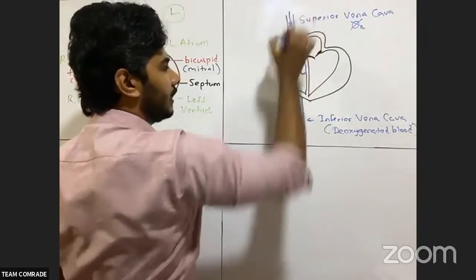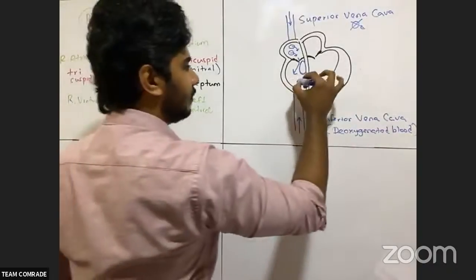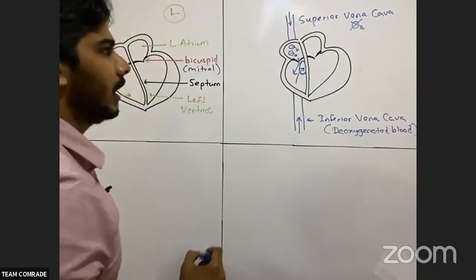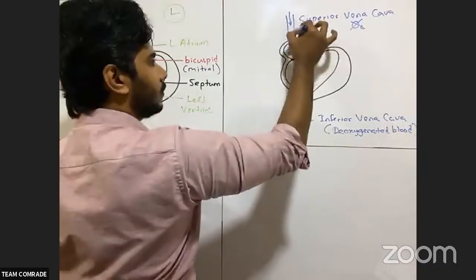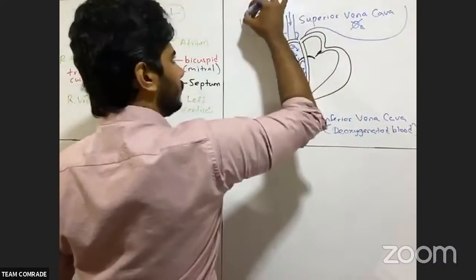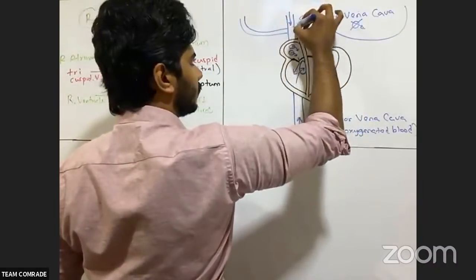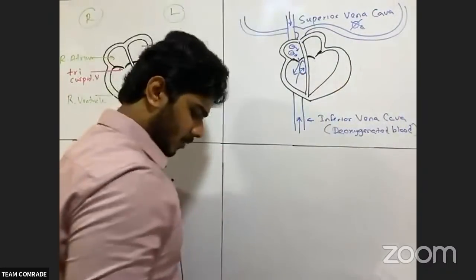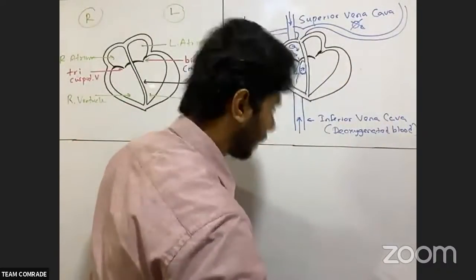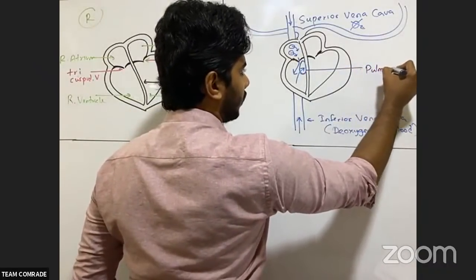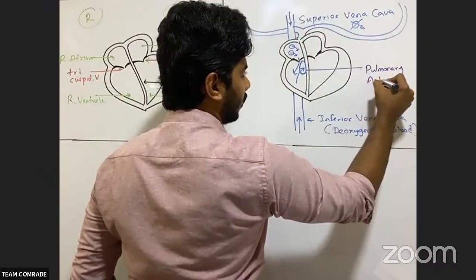Blood is going like this. Blood is coming like this. And then the blood filled here is getting into this pulmonary artery, and that is coming out from these areas. So this is what we call pulmonary artery.